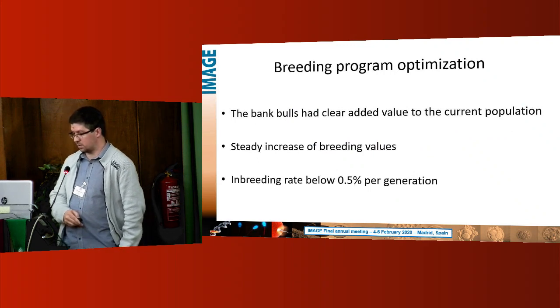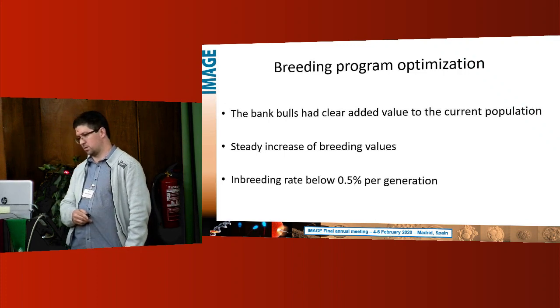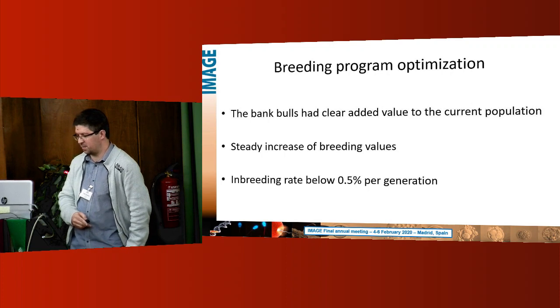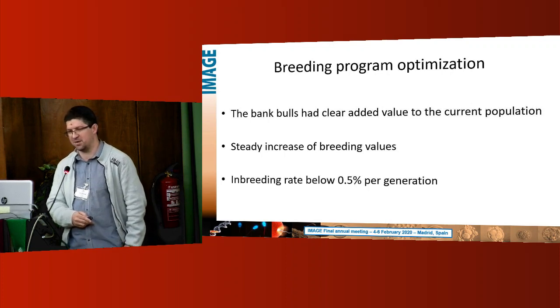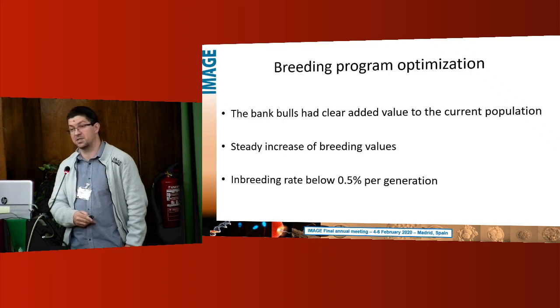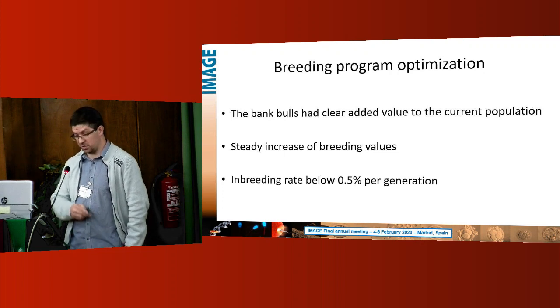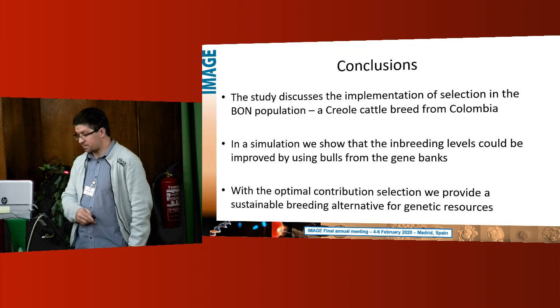To summarize, using the gene bank bulls had a clear added value to the population. We saw a steady increase in breeding values, but we could also contain the inbreeding level per generation, which was very good news.